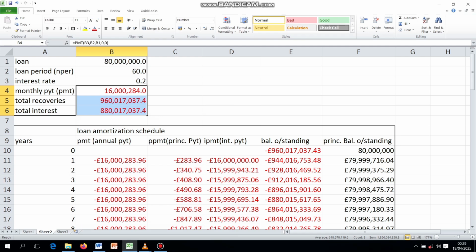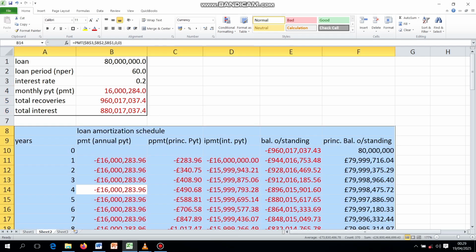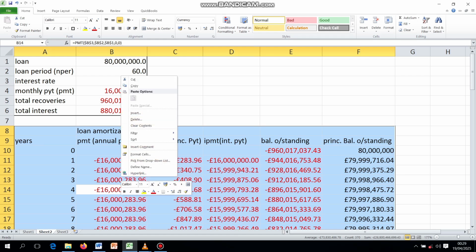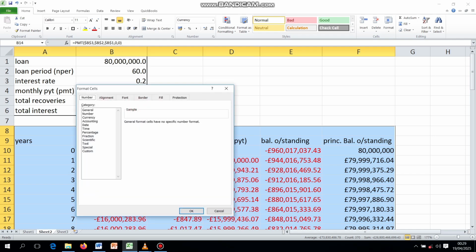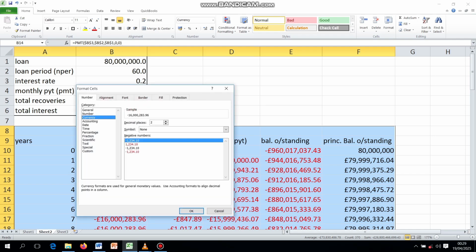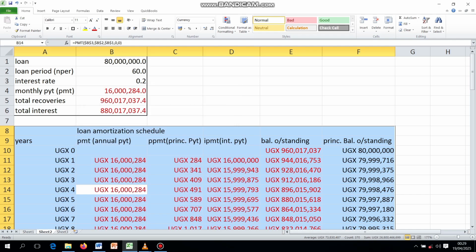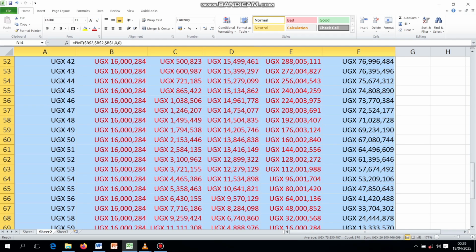So okay, then I also come here, highlight all of them, then I will change everything to the currency which was set, and I come here to currency. I'll first remove the negatives, then I'll come to the currency, I put UGX, then I'll remove the decimals to 0, and I press OK, and that's it.